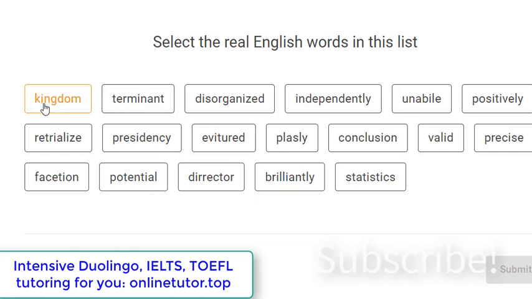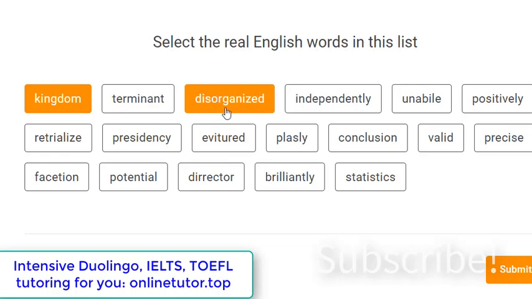Okay, kingdom. Yes. Let's call it such a territory which belongs to some king. Terminant, no. Disorganized, yes. Organized, disorganized, like organized in a wrong manner or not organized at all, like haphazard. Independently, yes, of course.